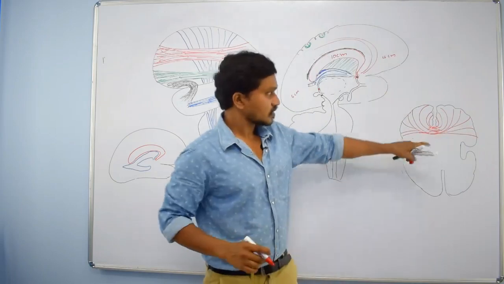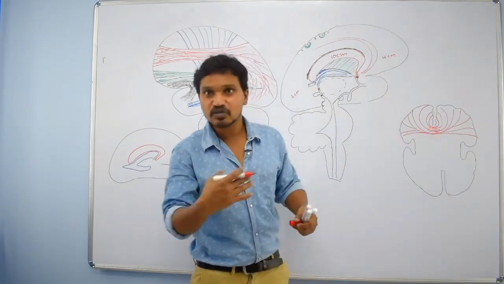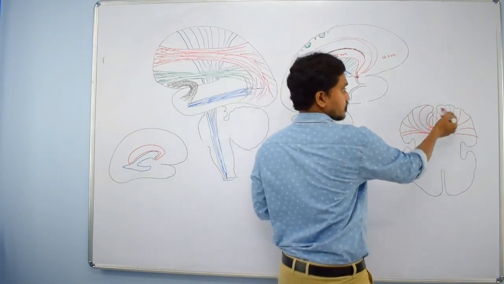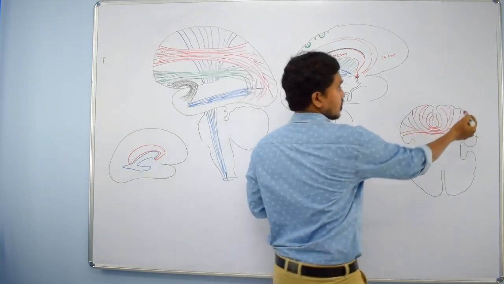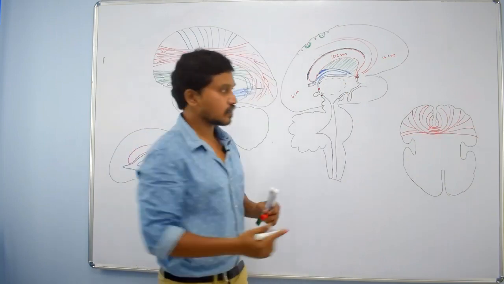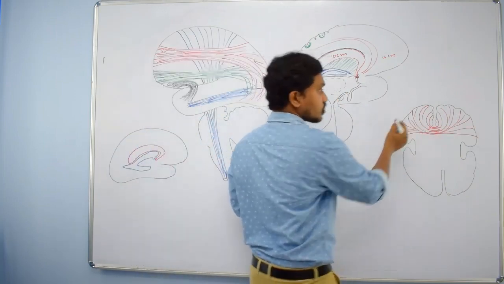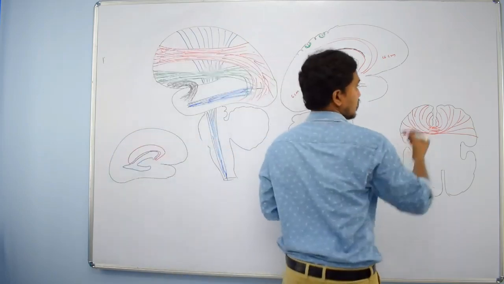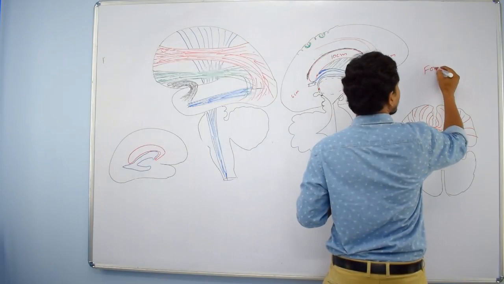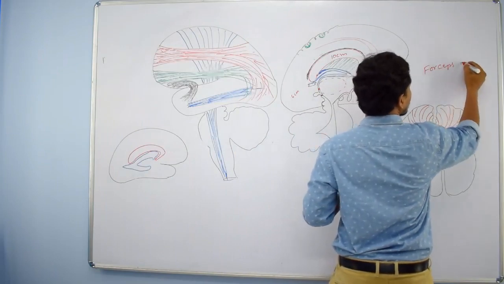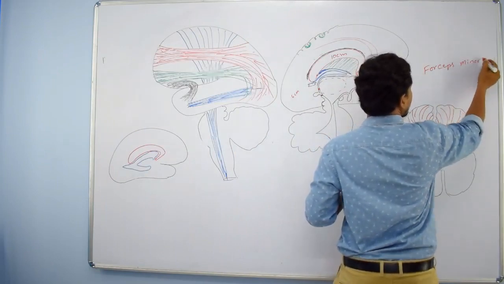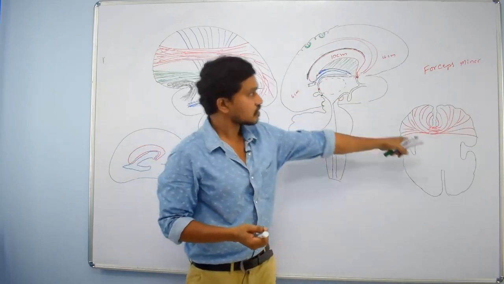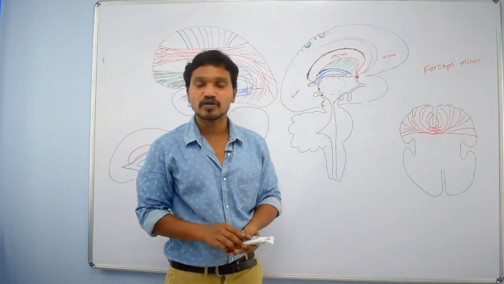These are the fibers passing through the genu and connecting the frontal lobes. Right? These fibers look like a fork. That's why we call these fibers forceps minor. Forceps minor.